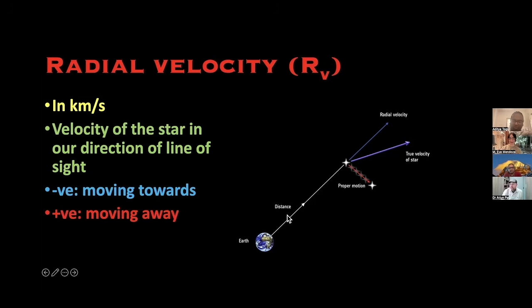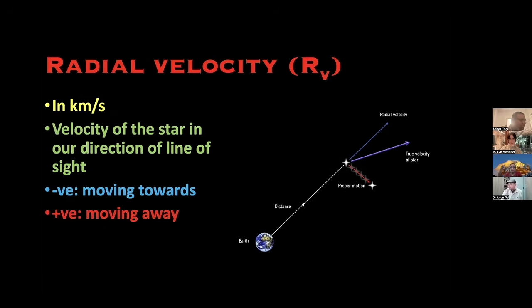It is measured in kilometers per second. Remember, when the star is coming towards you, the radial velocity is negative. When the star is going away from you, it is considered positive. So one type of motion is that, towards and away.